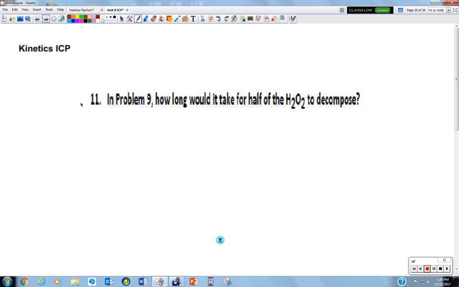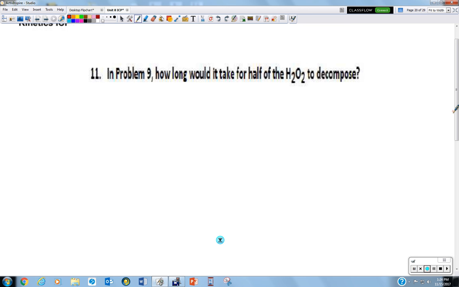All right. Moving forward. Next one says, in problem 9, how long would it take for half of the H2O2 to decompose? So I'm just going to go ahead and transfer some of the information. Our A naught concentration is equal to 0.200 molar, and our K was equal to 0.0410.